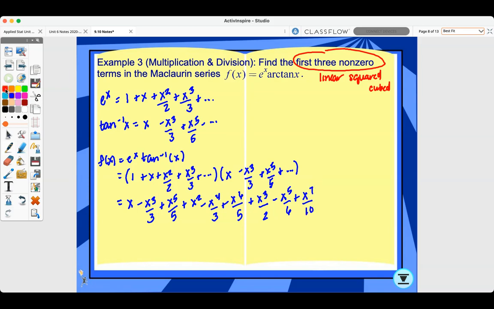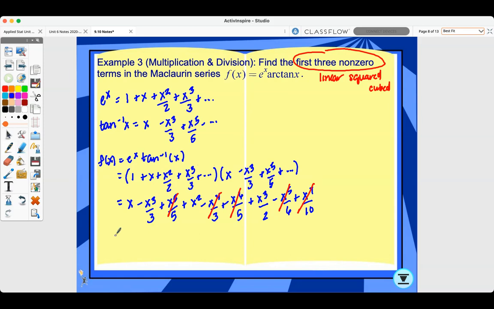So here, I can stop there. I know I don't need my x to the 7th term, 5th, 6th, 4th, or 5th. I only need these terms here because anything over that is going to be larger than x cubed.